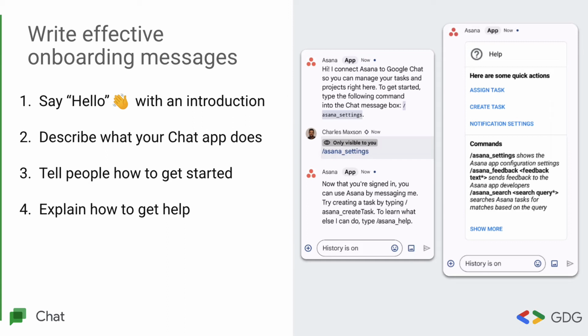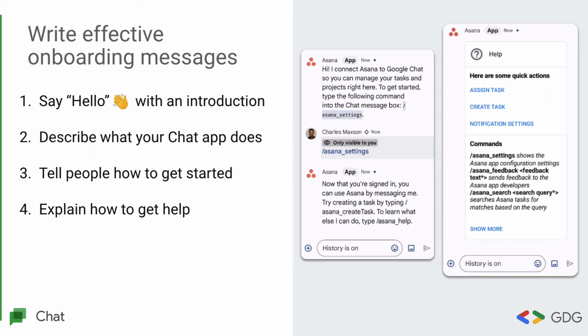Another thing to remember is that if you are integrating with a well-known app, for example, Asana as we see here, users that are familiar with Asana may have expectations of what your app should do, and they may go looking for features you didn't implement. This is a great time to let them know exactly what your app does and keep them focused. And as we mentioned with hello and your introduction, you don't want to overdo it here as well.